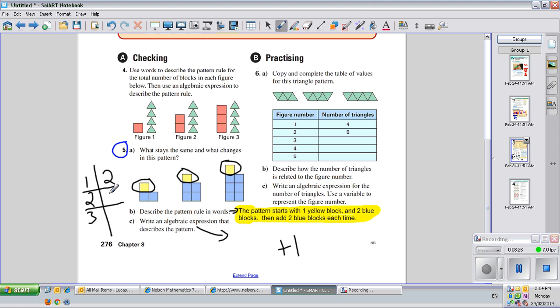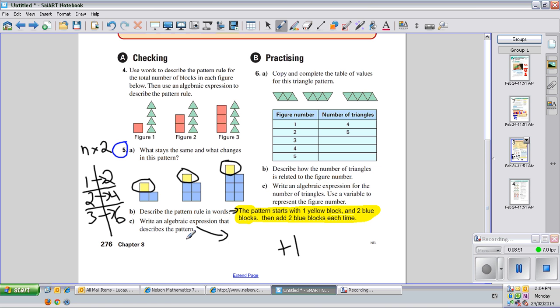In picture 2, there are 4 blocks. In picture 3, there are 6 blocks. Now, if you were to find a relation from 1 to 2, 2 to 4, 3 to 6, you will see that it is the term number, or n, multiplied by 2.